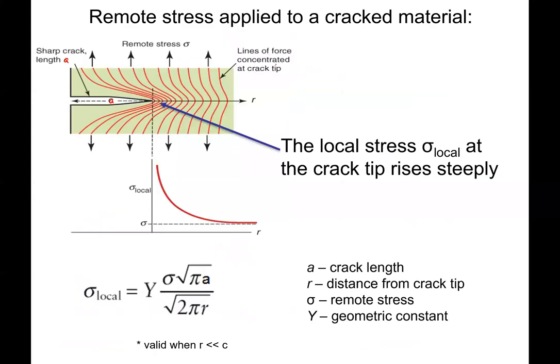So let's take a look at the stress out front of a crack tip now, where we start getting much higher stress concentration values. So let's say that I have a crack here of length A, and it's a sharp crack. These lines here represent lines of stress. It's referred to here as lines of force concentrated at the crack tip.